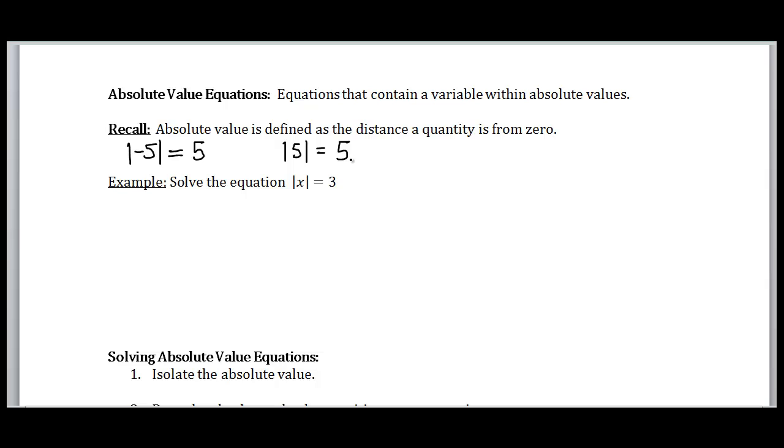I have an example up here. It says solve the equation absolute value of x equals 3. Now what I'm asking here is I want to find what value or values of x are 3 units from 0.